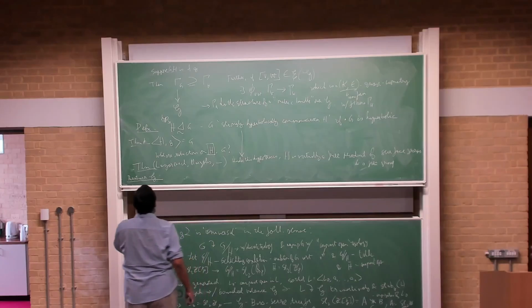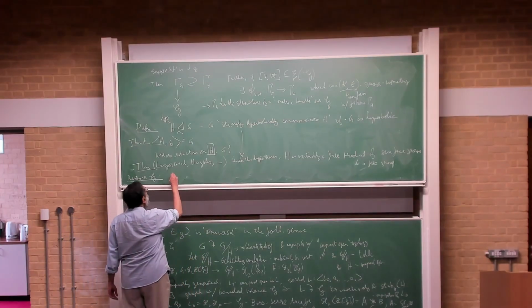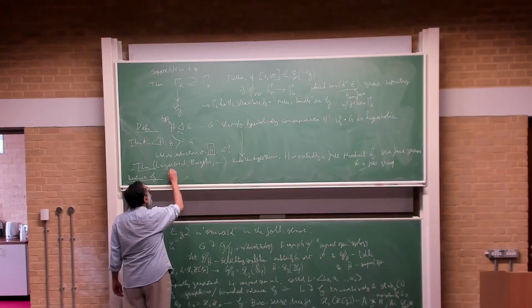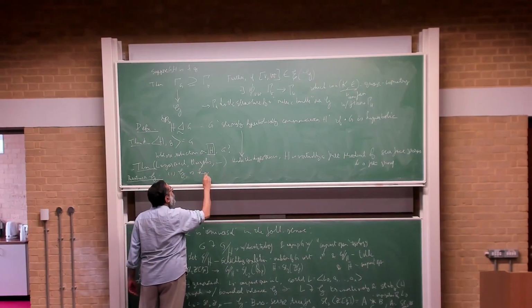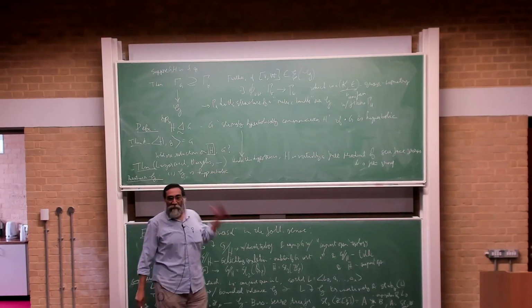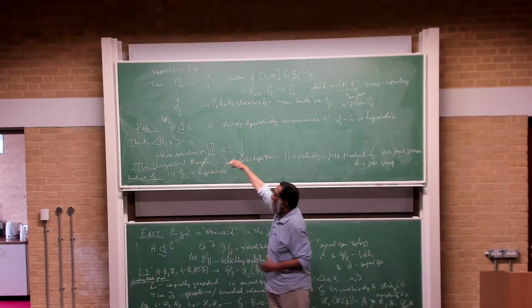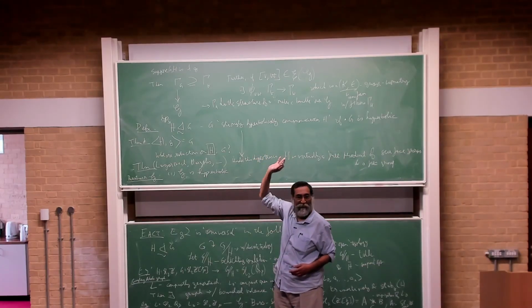So what about restrictions on G? First, G is hyperbolic. Okay. Again, in the case where this was a normal subgroup, this is a theorem of Mosher from the mid-90s.